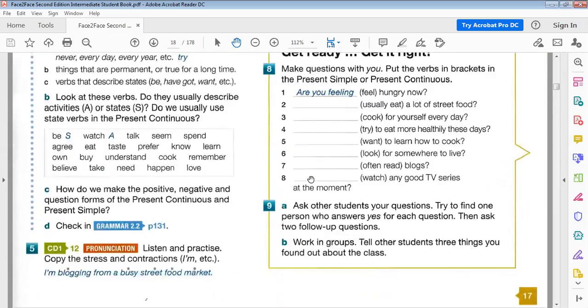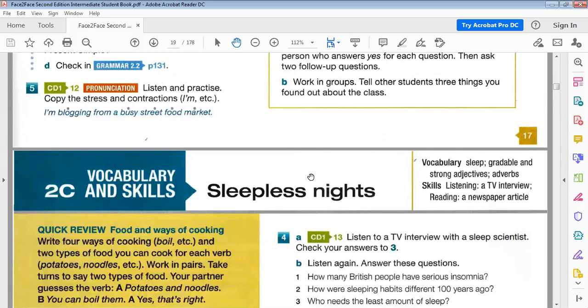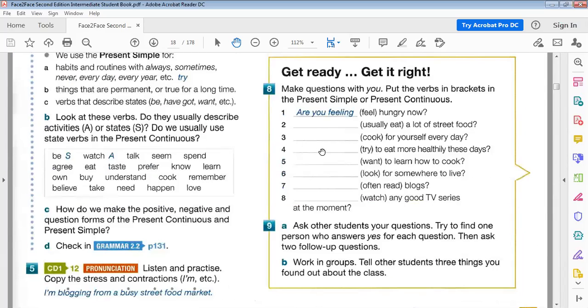Now, the last part we want to cover here before moving to our next topic is this. Here I want you to make questions using you, but this time you have to decide what to use. Should you use the present continuous or the present simple?